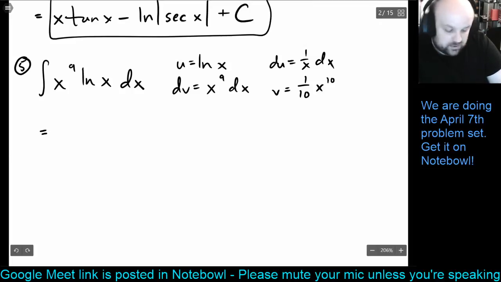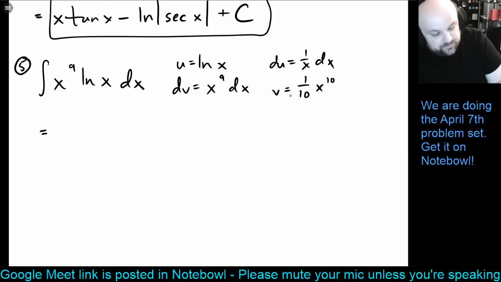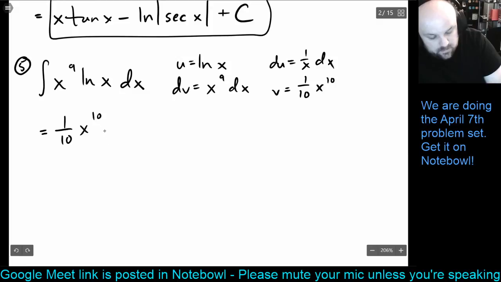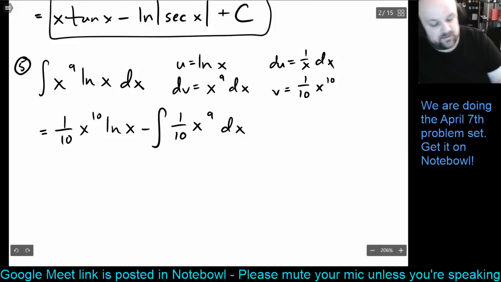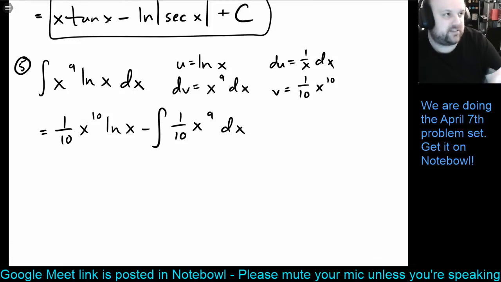And then just go ahead and do this as usual, business as usual. Minus the integral of v du. So if we multiply v and du, we have 1 over 10 x to the 9th dx, right, because 1 over x times x to the 10 brings us down to x to the 9th.